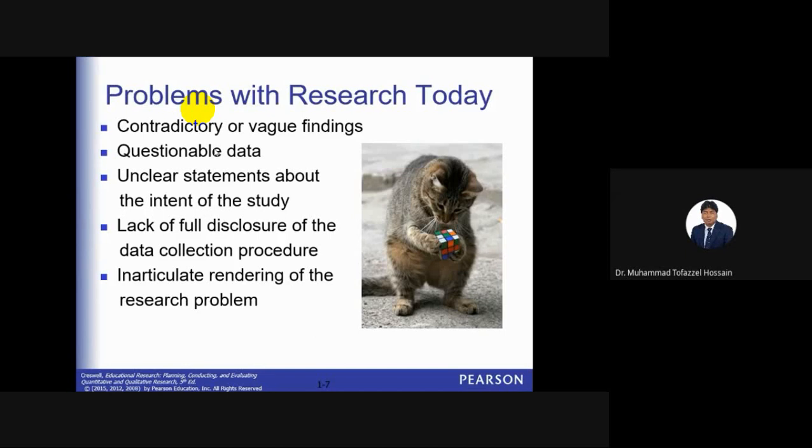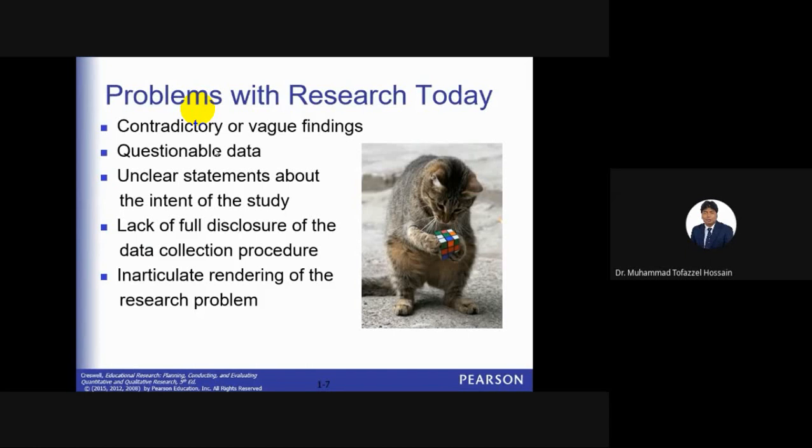Then, full disclosure of the data collection procedure. Data collection procedure should be very clear. It should be self-explanatory so that if I read it, I can understand the way you collected your data, and I may be convinced that your data collection process was appropriate.